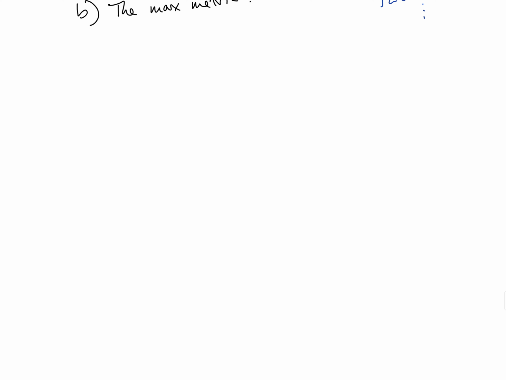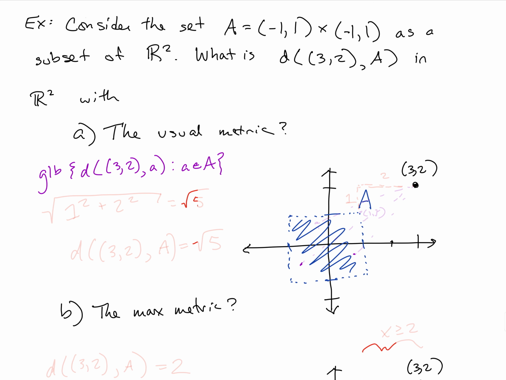Okay, so in the usual metric, of all points that we could select in A, what is the lower bound for the distances between this point (3, 2) and any point in A? Well, there is a lower bound. For example, none of these distances is less than 0, so 0 is a lower bound. Is there anything larger? Yes.